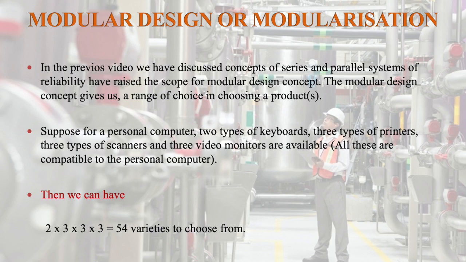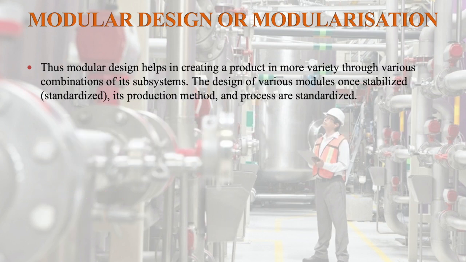Thus modular design helps in creating a product in more variety through various combinations of its subsystems. Once the design of various modules is stabilized or standardized, its production method and process are standardized.